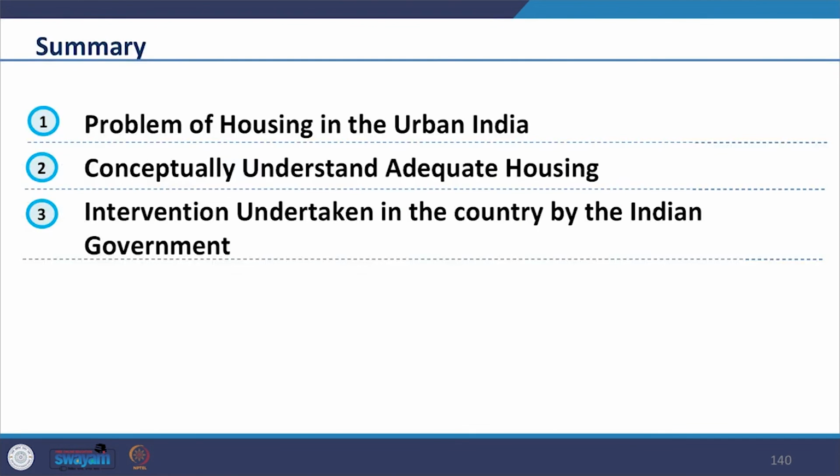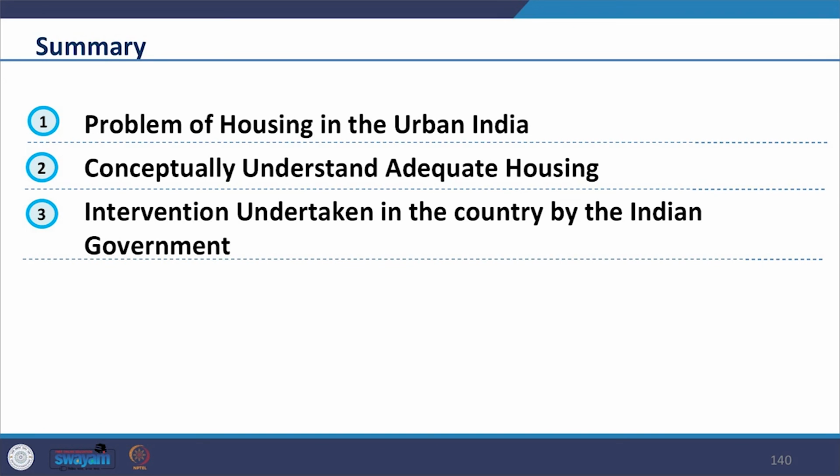So, summarizing what we have covered today, we looked at the problems of housing in urban India. We tried to conceptually understand adequate housing, what that really means, and then we compared ourselves with other countries and state-wise, and looked at what real problems we have in terms of housing and why there is so much shortage.